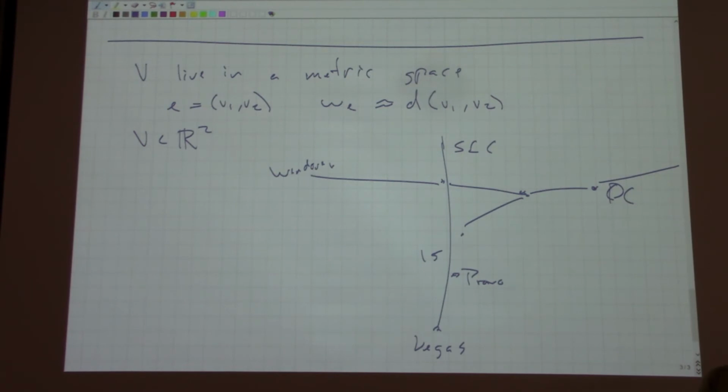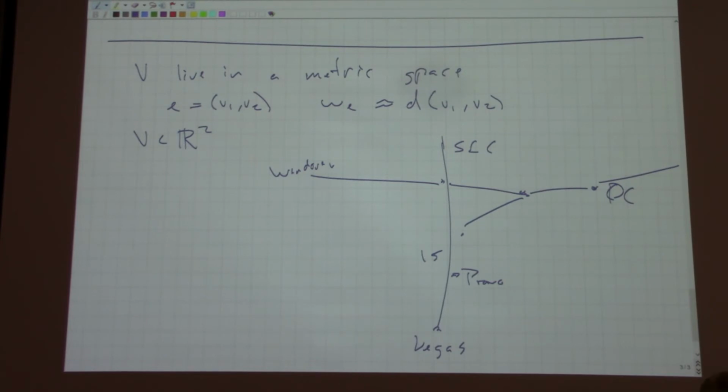If you make left turns, it takes longer than right turns and so forth, right? But if you ignore that, maybe it's just the total distance divided by the speed limit, then this gives us a metric. Okay?